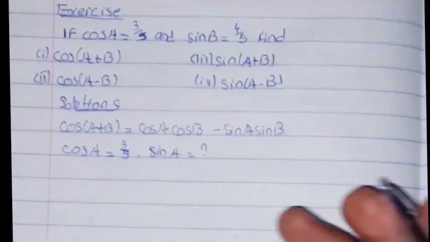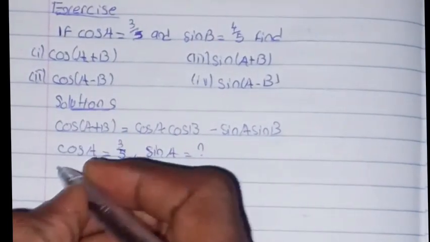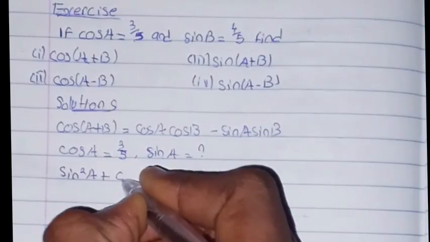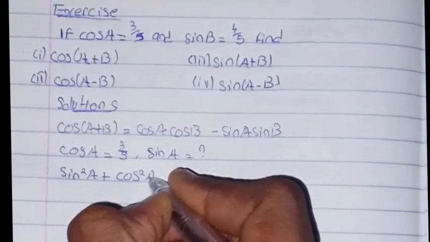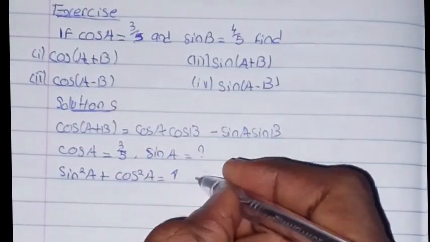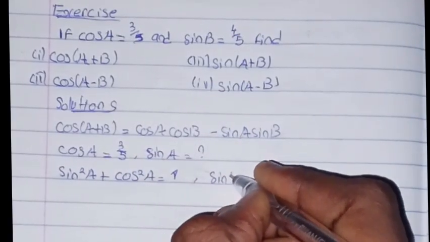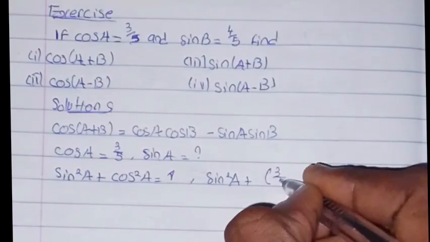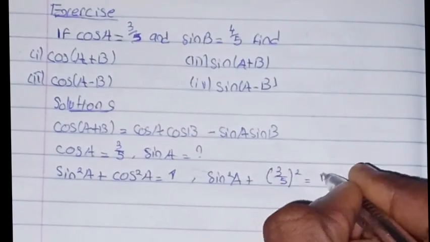So in this case theta becomes A, so we have that sin squared A plus cos squared A is equivalent to 1. Sin squared A is unknown, what we're looking for. So let's write that sin squared A plus cos squared A, which becomes 3 over 5 all squared, is equivalent to 1.